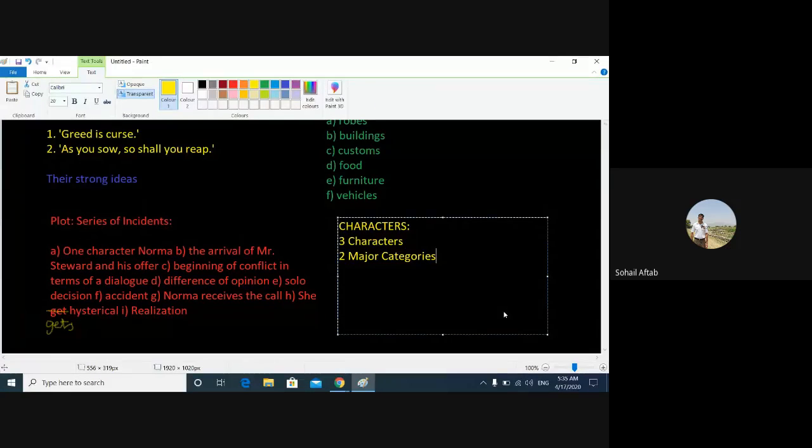The first one is round characters, and the second one is flat characters.